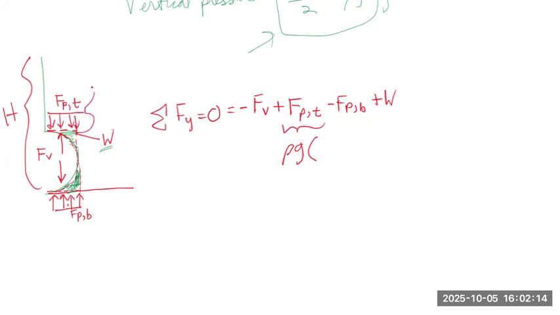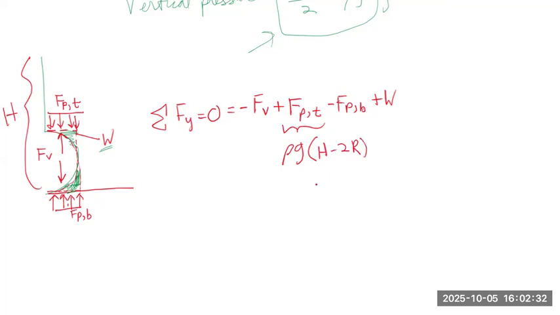So from the control volume surface up to the top is H minus 2R. So that's why rho g times H minus 2R.